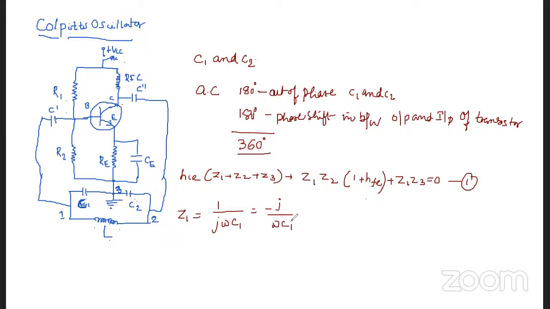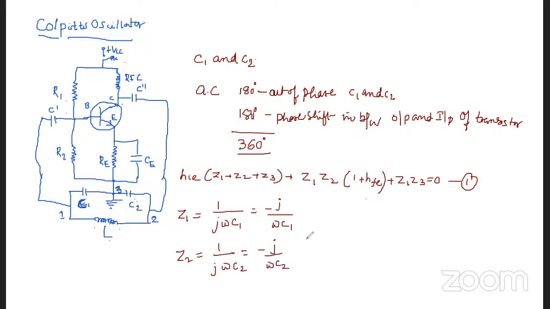And similarly, we write the Z2 value also. Z2 is nothing but 1 by j omega C2, which will be equal to minus j by omega C2.